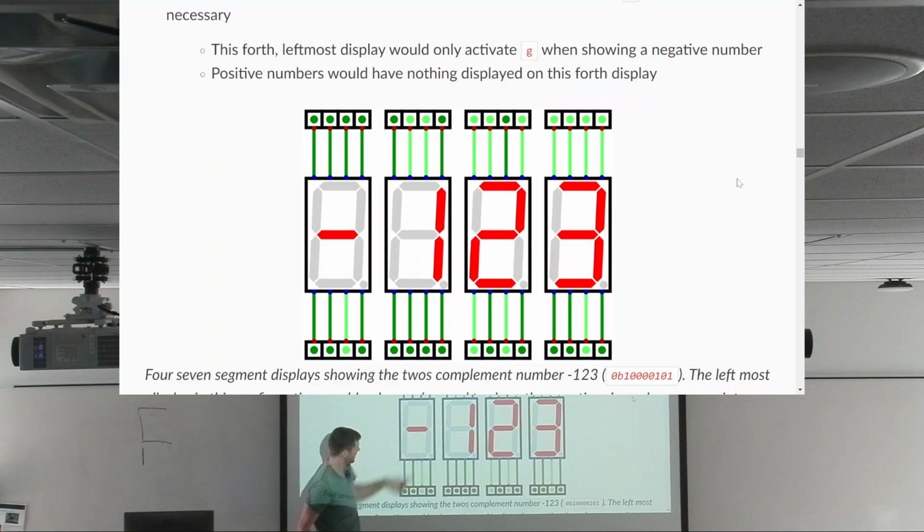A, B, C, D, E, F, G. We just need to turn on G. That's it. So for this last 7-segment display, instead of needing 24 bits, we could say, well, let's use 32. For the 4th, no, let's just 25. Okay? 8, 16, 24, 25. That's what we'll do.